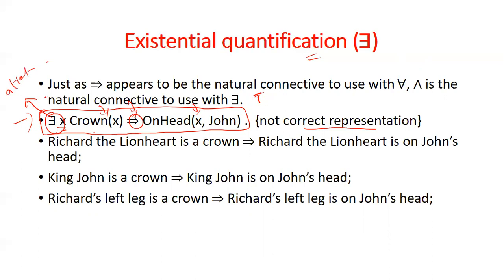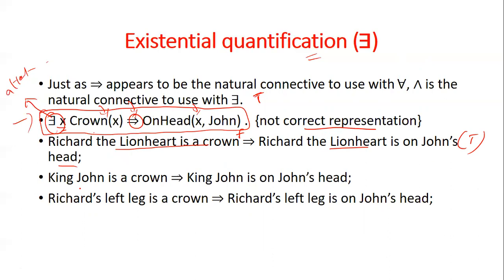Now, for example, if you consider x as Richard, then it means Richard the Lionheart is a crown, which implies that Richard the Lionheart is on John's head. Now, Richard the Lionheart is not actually a crown. So this statement is false. If the left part is false, implication will lead to true.